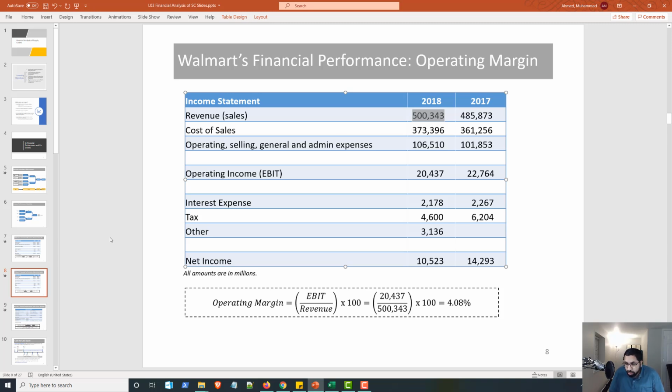Some of it is the employee cost, facility cost, they have to pay their suppliers, all of that. So 96 cents go towards cost, and 4 cents is the operating profit. And then from this operating profit, they still have to pay interest expense on their debts, and they still have to pay taxes and all of that.